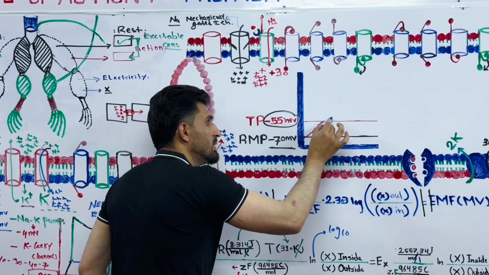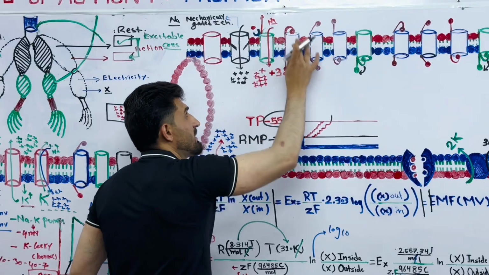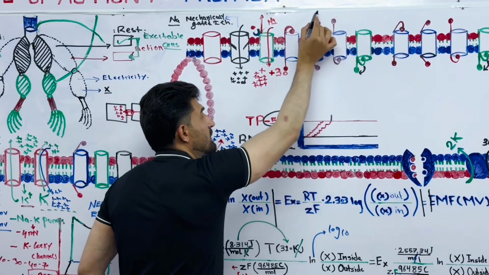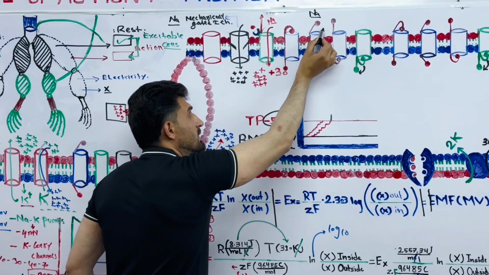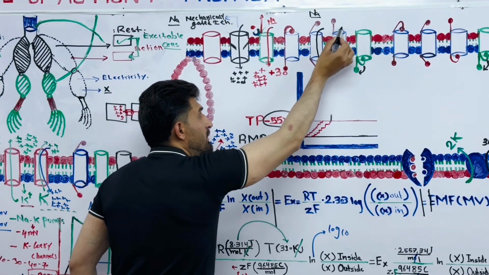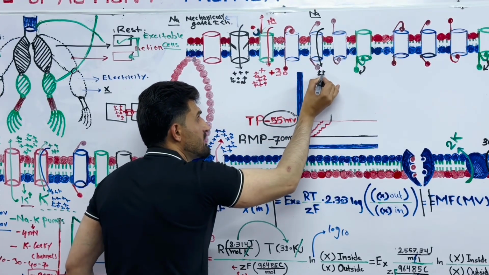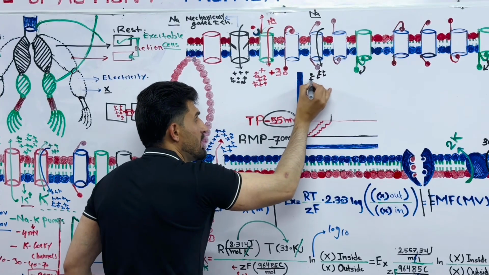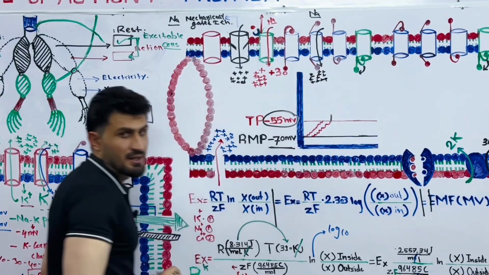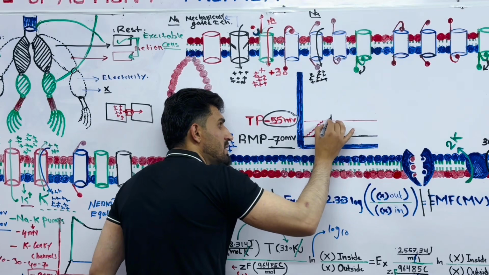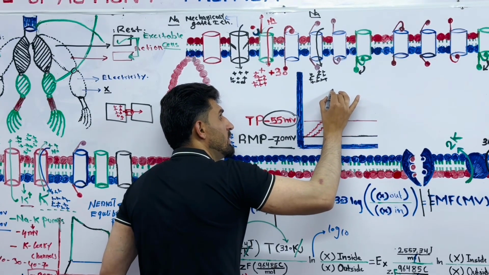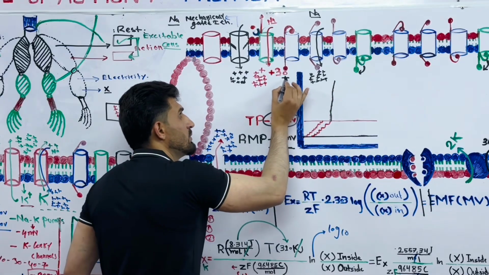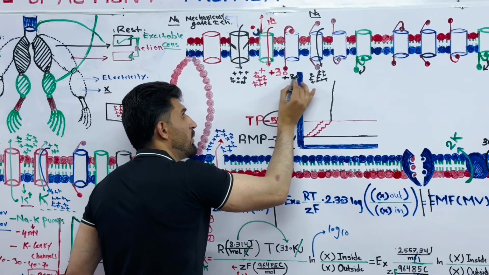For example, this is a voltage gated channel for sodium, and I'll explain it later. For now, a lot of positive charges, or sodiums, enter to the inside of the cell, and these positive charges carry me more near to be positive.